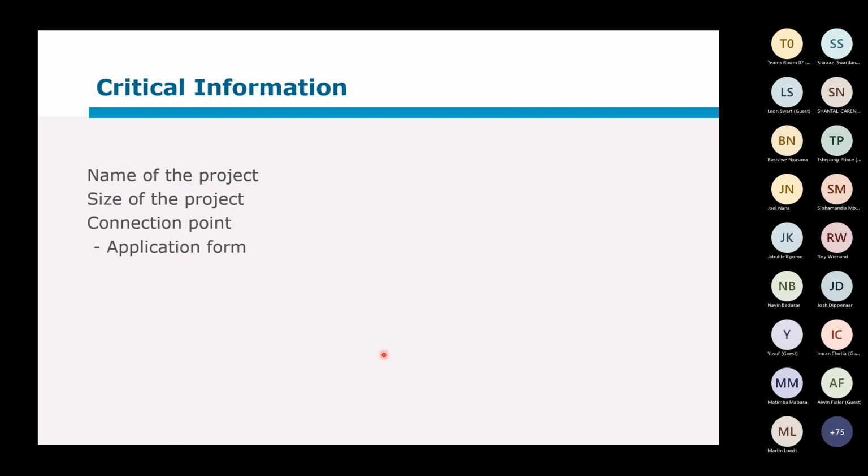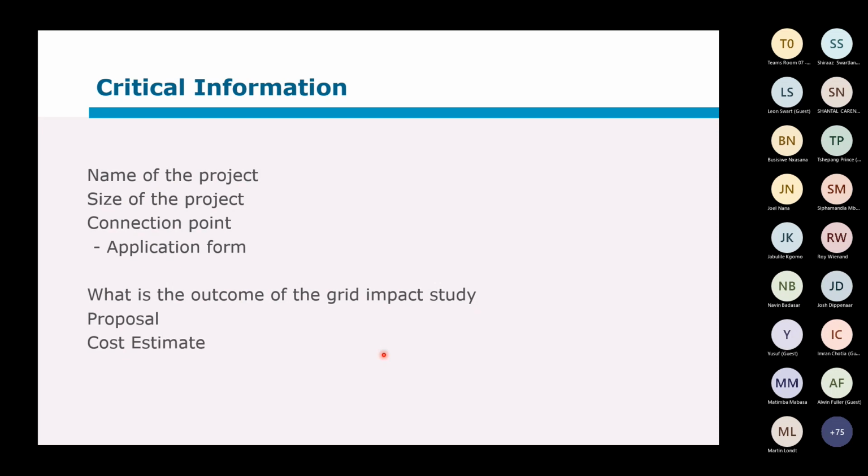Then you need to state the outcome of the impact study, what the proposal is, as well as the cost estimate. So those are the important parts that, in my opinion, need to go into this cost estimate letter.